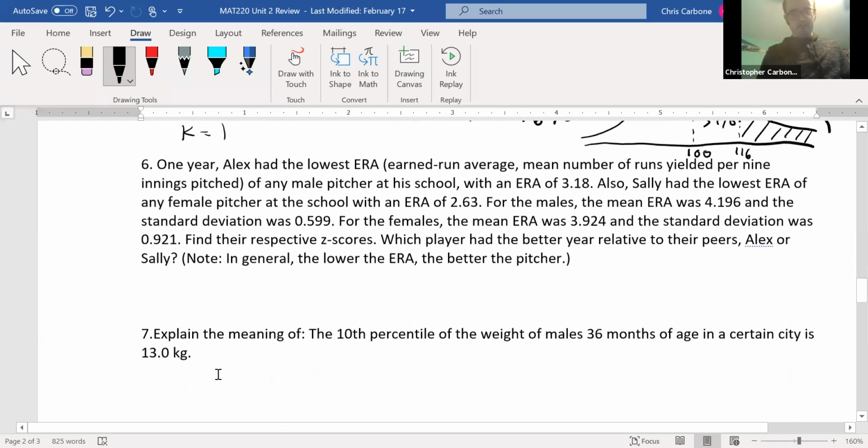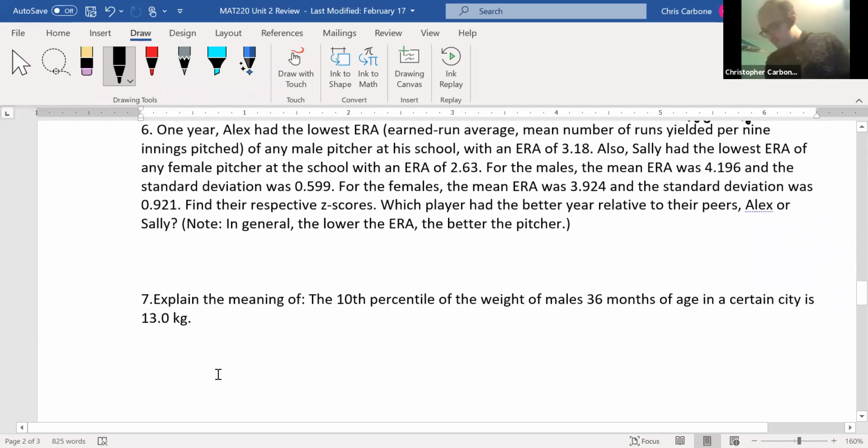Moving along, we have question number 6. One year, Alex had the lowest ERA, earned run average, mean number of runs yielded per 9 innings pitched, of any male pitcher at his school with an ERA of 3.18. Also, Sally had the lowest ERA of any female pitcher at the school with an ERA of 2.63.